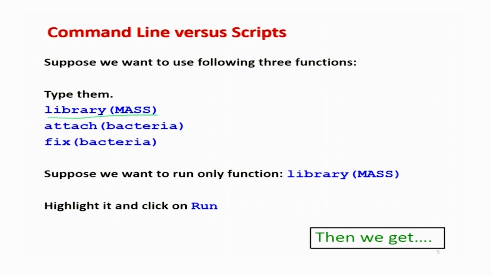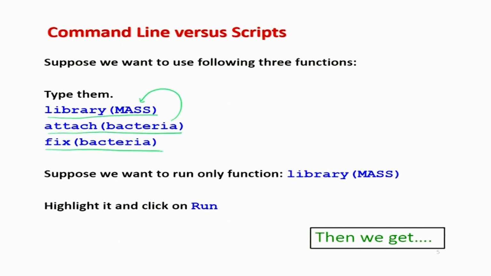That means you want to load the library whose name is MASS, and then you attach a data set whose name is bacteria. This bacteria data set is available inside the package MASS, and then you want to edit it, so you write fix bacteria.